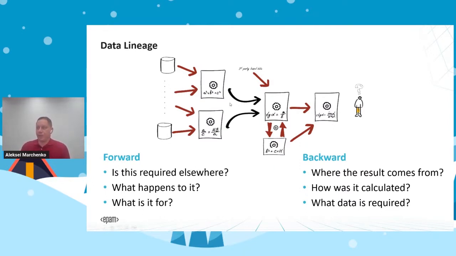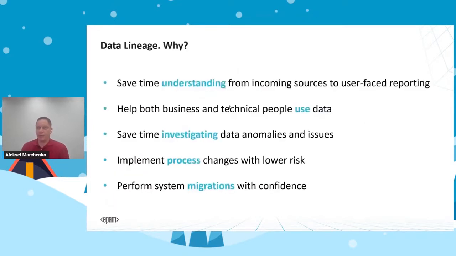So in any organization, in one way or another, data lineage should be in place. Why?